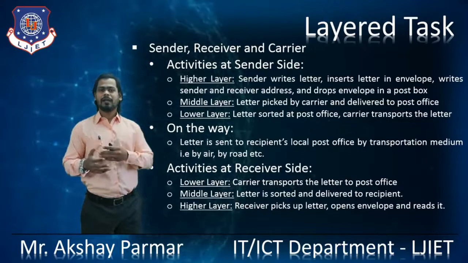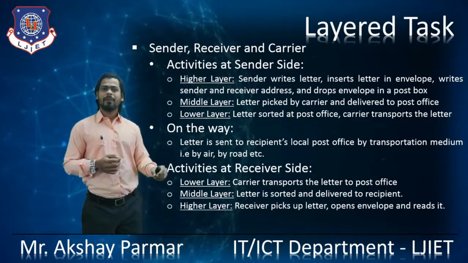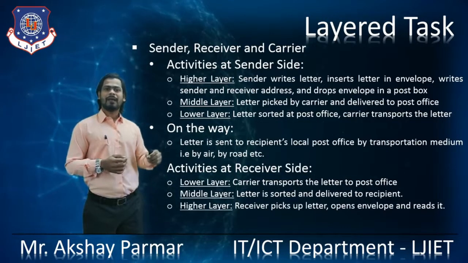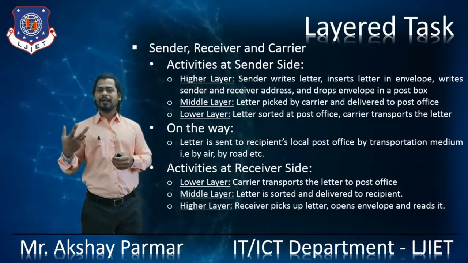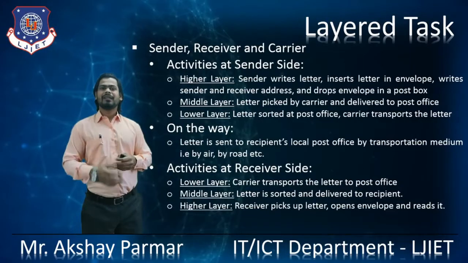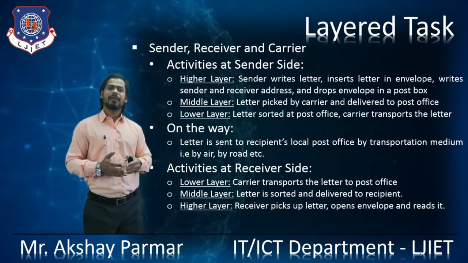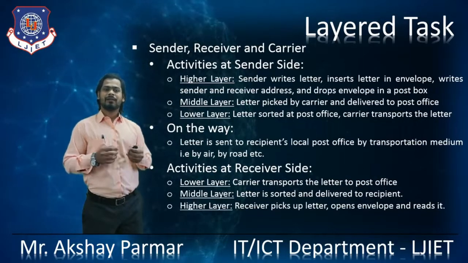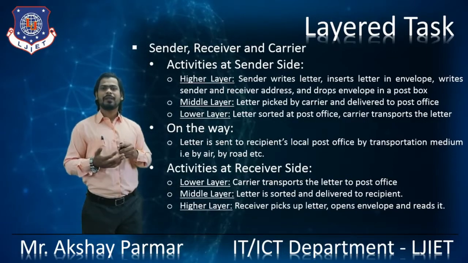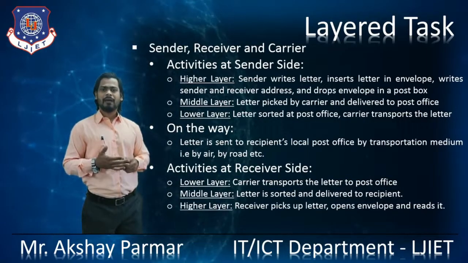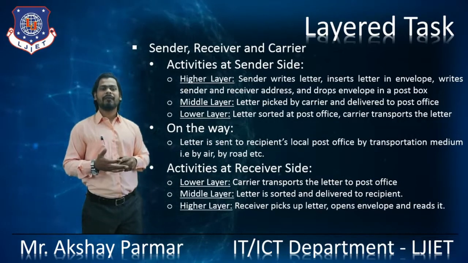In the middle layer, that envelope is picked up by the carrier and delivered to the post office. After that, in the lower layer task performed at the sender side, the letter is sorted in the post office and sent through the transmission media, which can be by road, by air, or by ship, or we can say by water, right?